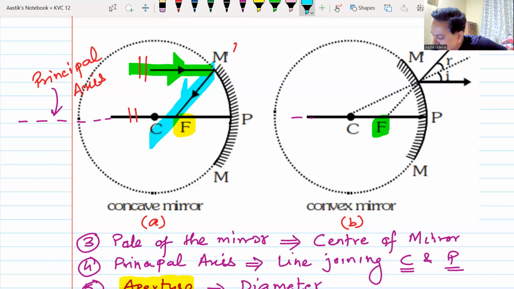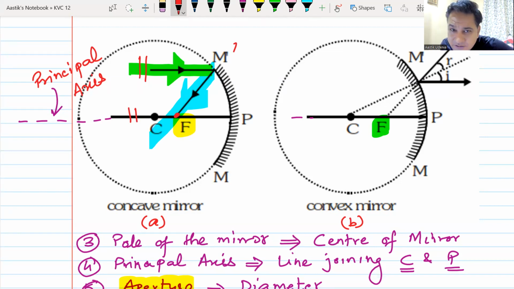After reflection, this blue gentleman, which is the reflected light, is passing through this focus, and this is how principal focus is defined. Rays of light which are parallel to the principal axis, after reflection, pass through a point on the principal axis. That point is known as the principal focus.